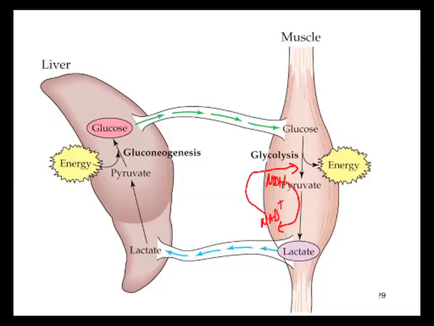Eventually, it's converted back to pyruvic acid. Now, we'll come back and talk about the rest of this slide in a little bit, but that's basically what happens. So there are some checks and balances. The problem is that eventually lactic acid does build up in the blood, and that can actually affect endurance. We'll talk a little bit about that on Wednesday as well. It's called the lactic acid threshold.